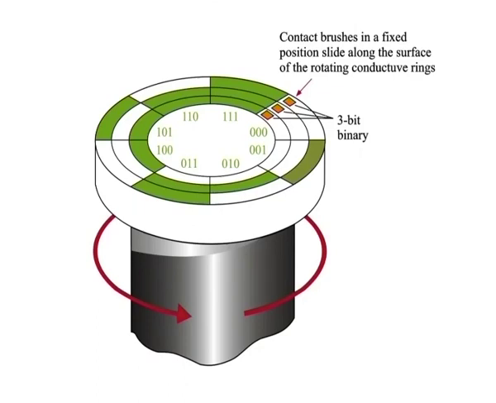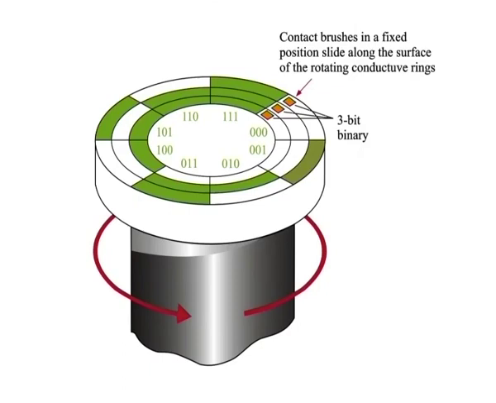As the rings rotate with the shaft, they make contact with brush arrangements that are in a fixed position and to which output lines are connected. As the shaft rotates counterclockwise through 360 degrees, the 8 sectors move past the 3 brushes, producing a 3-bit binary output that indicates the shaft position.